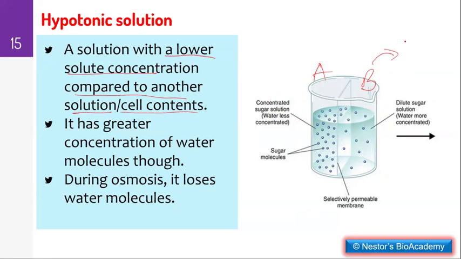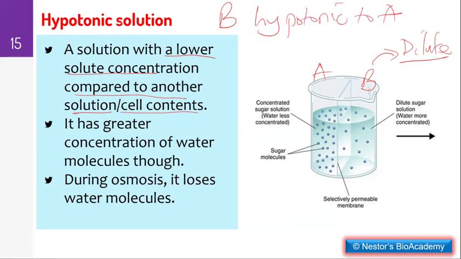It is the dilute one, the dilute sugar solution. Therefore, this one is hypotonic to A. So we say that B is hypotonic to A.